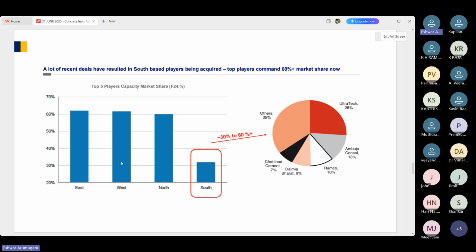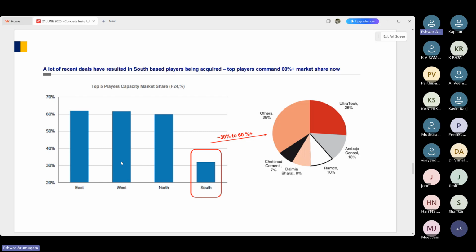So this is what we were talking about in the South Indian market. The South Indian market essentially was very fragmented, with more than 20 players operating in the market, and the top five players' market share was around 30% in FY24. Since then, rapid consolidations have taken place, and lots of deals have taken place in the southern market.